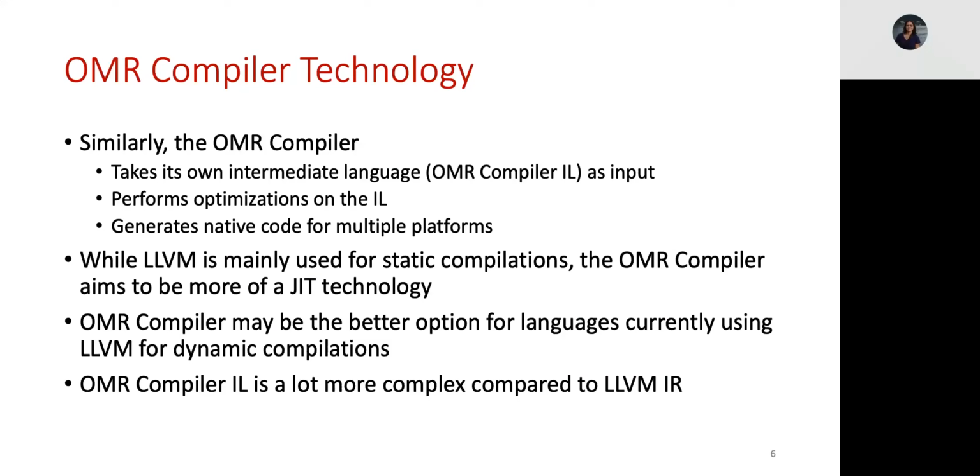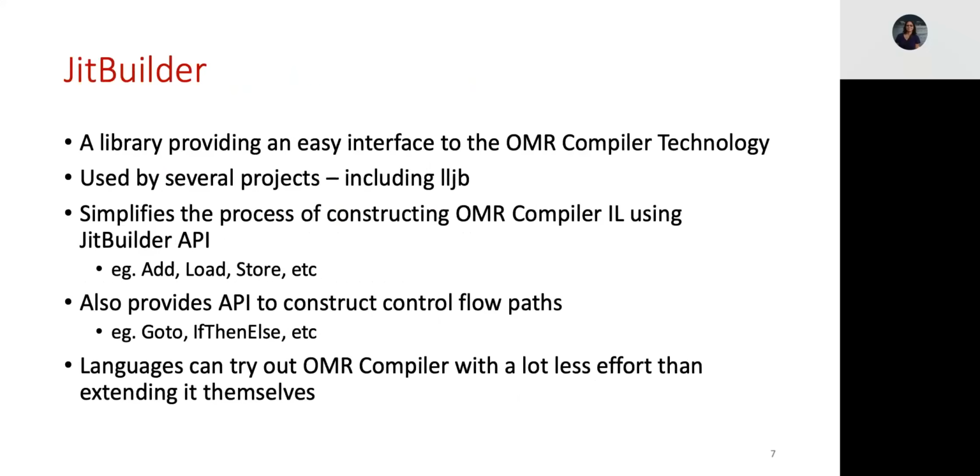But the problem is that the OMR IL is a lot more complex than LLVM IR. We have a lot more operations. There are a lot more opcodes that we have to deal with than just simply generating LLVM IR. So that's where JitBuilder comes in. It's a library that provides an easy interface into the OMR compiler technology, and it's already used by a number of projects, including Lljb.